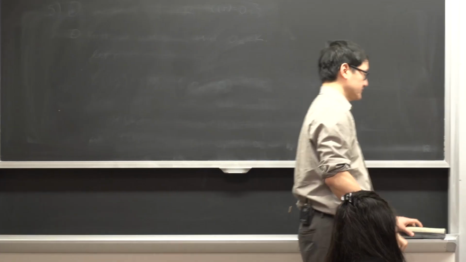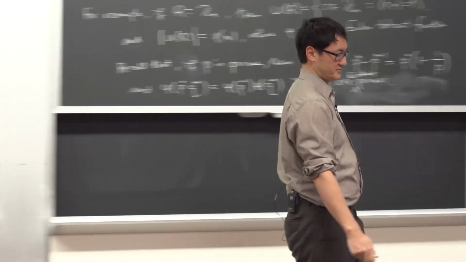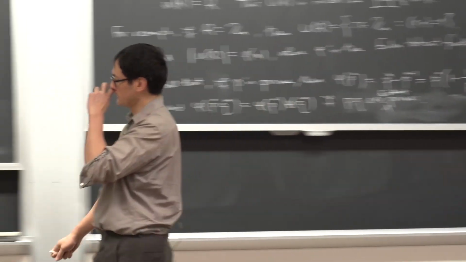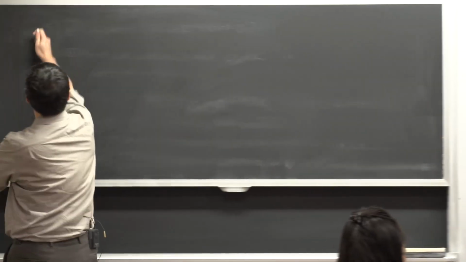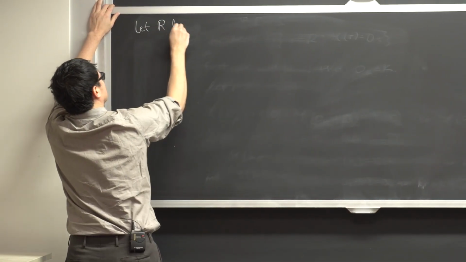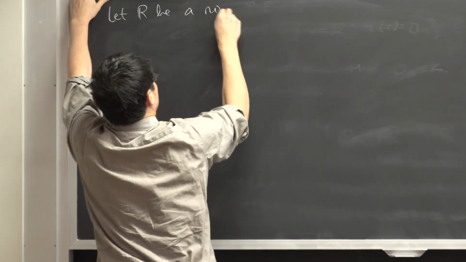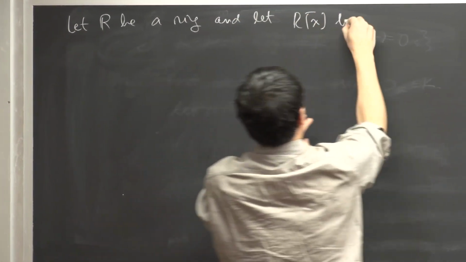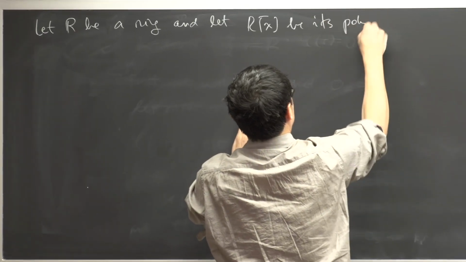Okay, so we have a notion. Let's talk about polynomials for a bit. For polynomials, let R be a ring, and let R[x] be its polynomial ring.